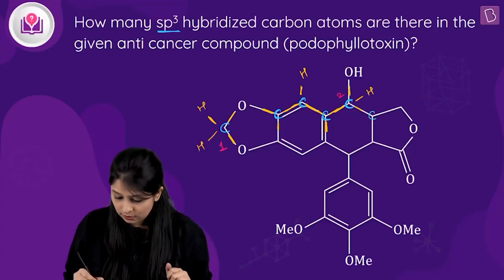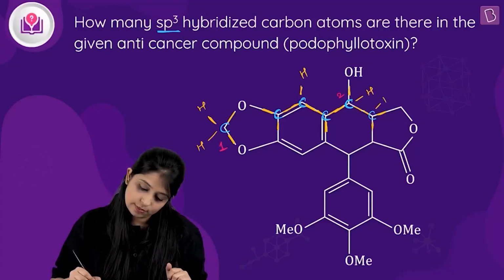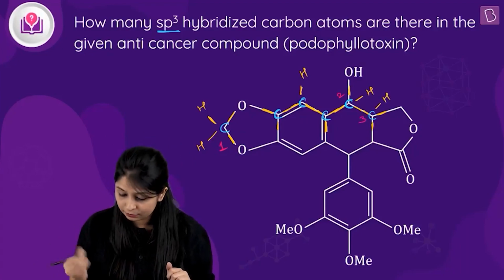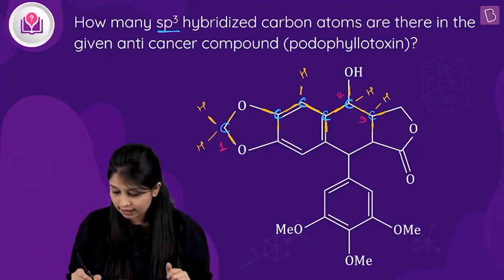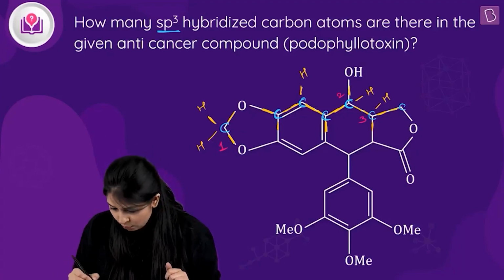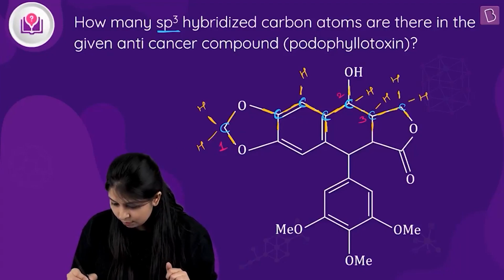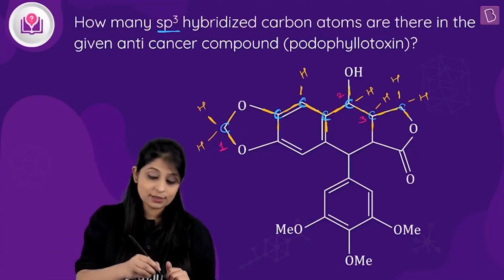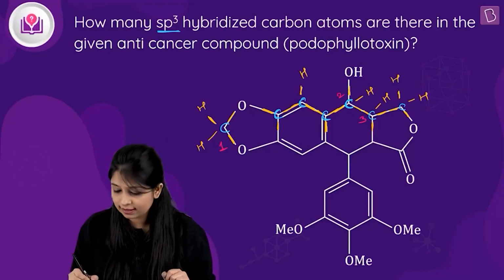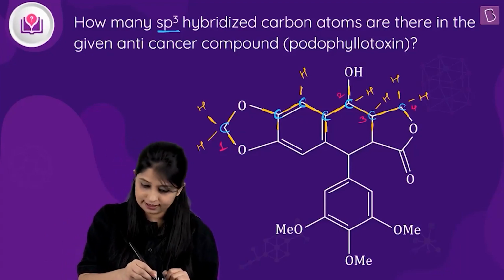So this also has 3 sigma bonds here, and 1 sigma bond is also made with hydrogen. So even this is sp3 hybridized. Let's move on to the next carbon atom. So this next carbon atom is making 2 bonds here. The other 2 bonds are the 2 sigma bonds with hydrogen atoms. So even this carbon atom is making 4 sigma bonds. That's why it is sp3 hybridized.